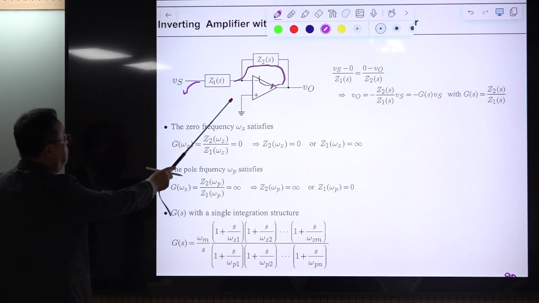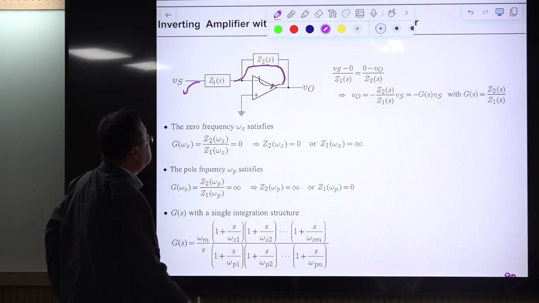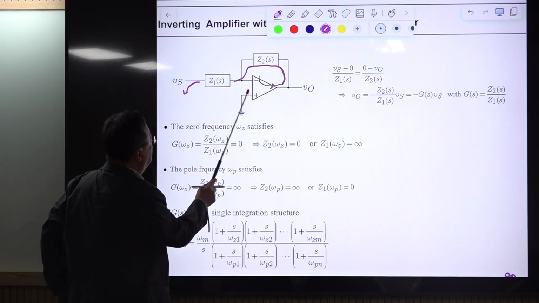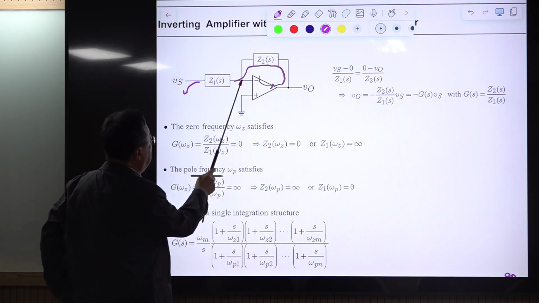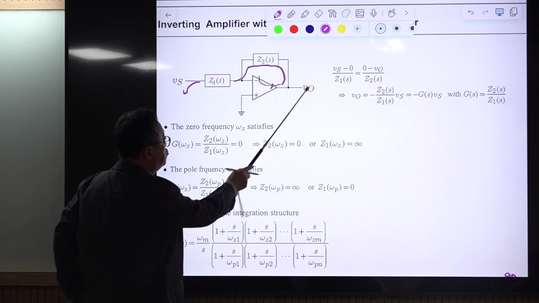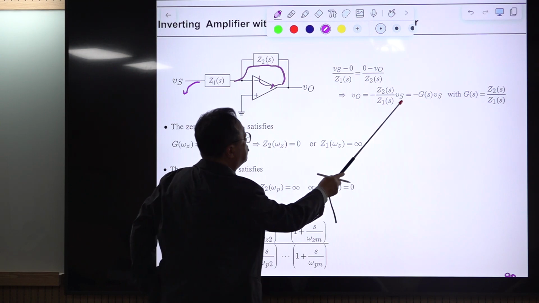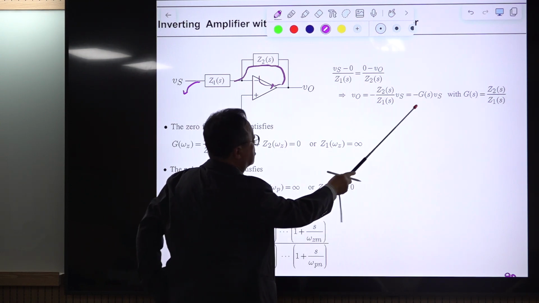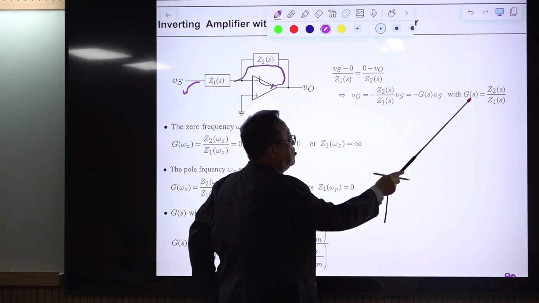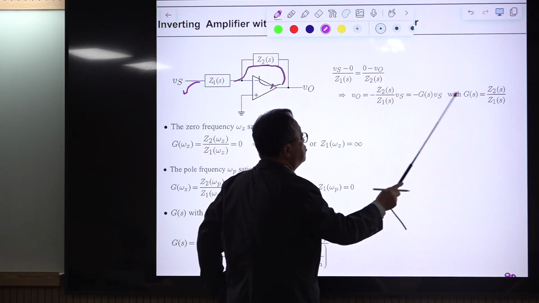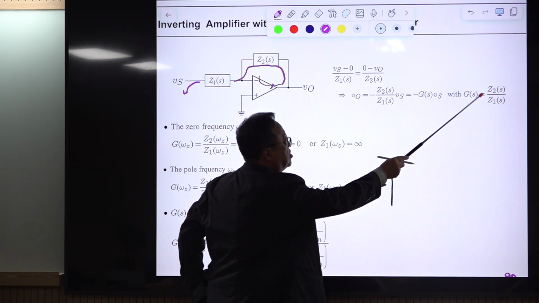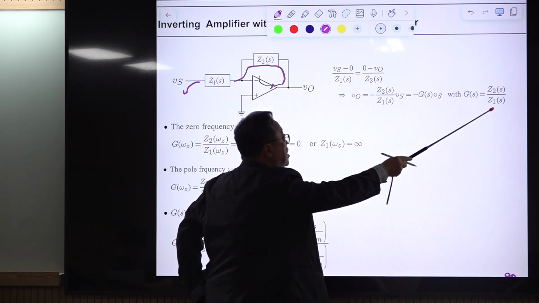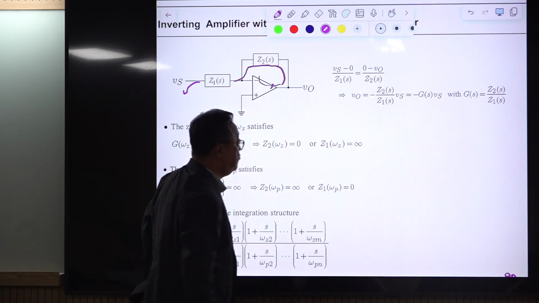This amplifier is inverting because this input is connected to its inverting terminal, and KCL at this inverting node is given by this. Then the input-output equation is this. G(s) is the transfer function of this block, usually called compensation, and it is the ratio of impedances G2(s) and G1(s) with a negative sign in front of it.